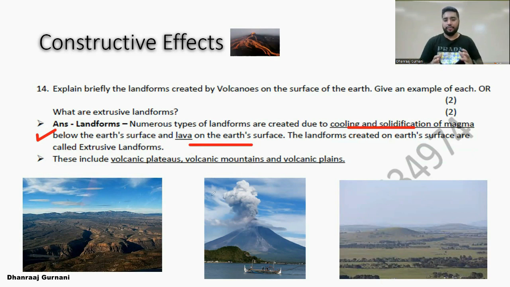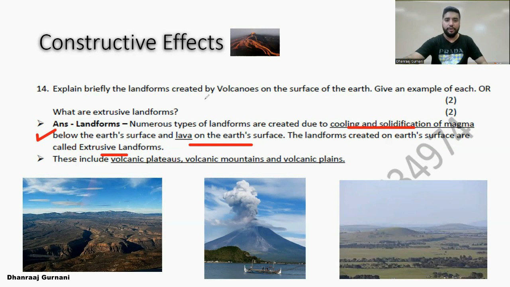So a number of landforms are created when magma and lava cool and solidify. It makes rocks. Which are these rocks? You have done them in the previous chapter. Igneous rocks. These landforms created on the Earth's surface are called extrusive landforms because they are on the exteriors.